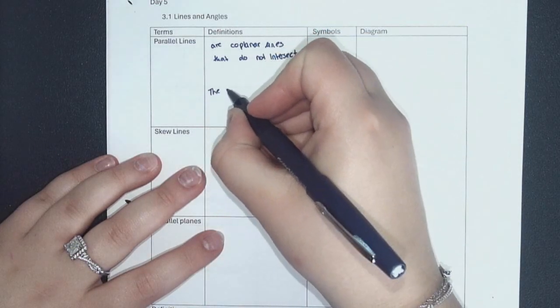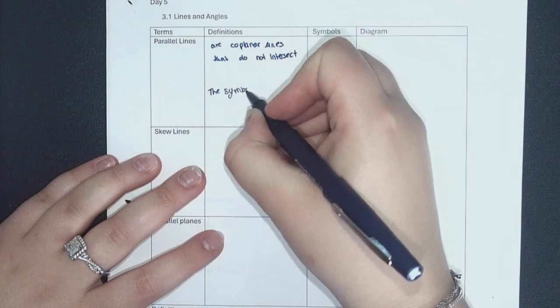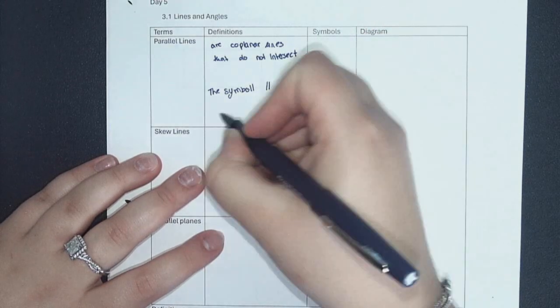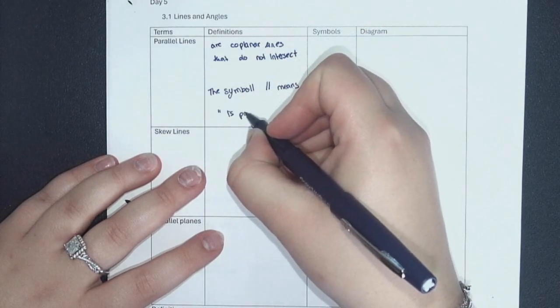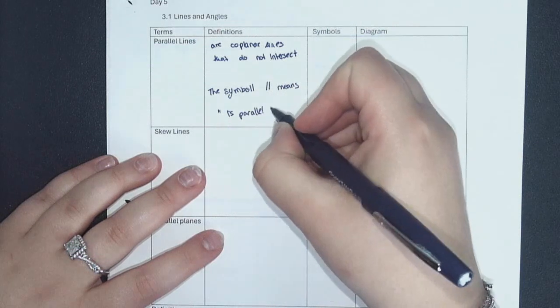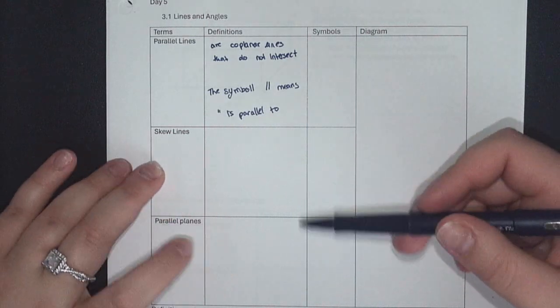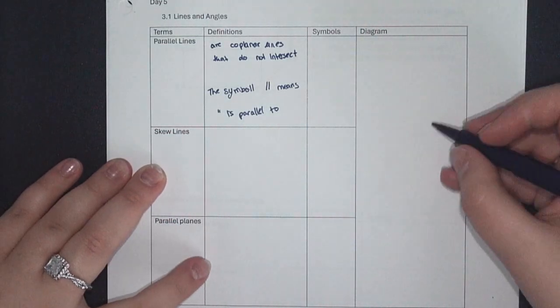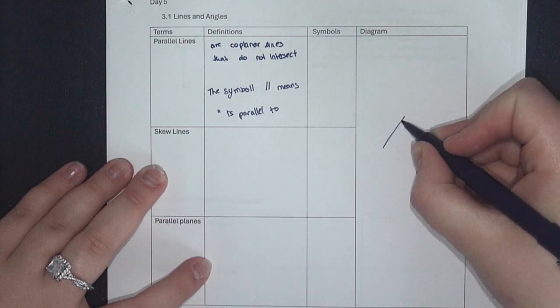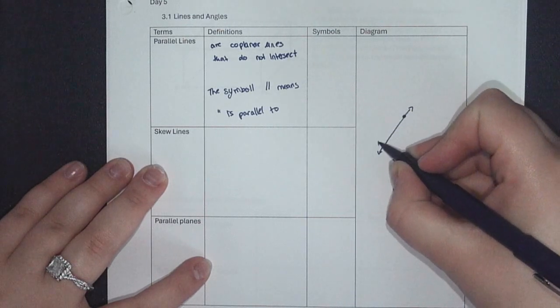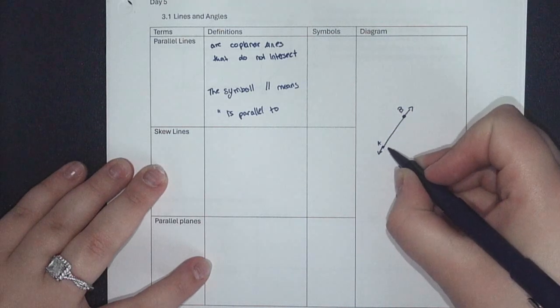And the symbol means is parallel to. Alright, the diagram we're using technically for all three of these, so let's quickly sketch this. We're going to draw what seems to be a rectangle.